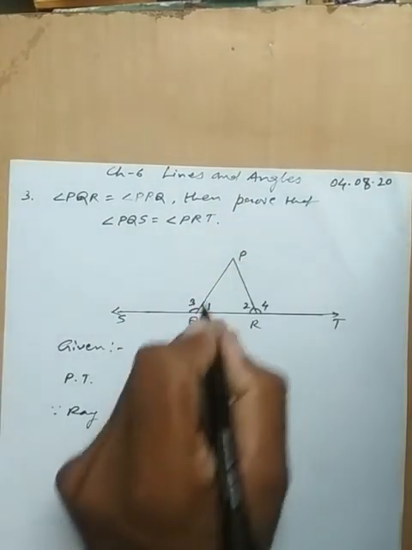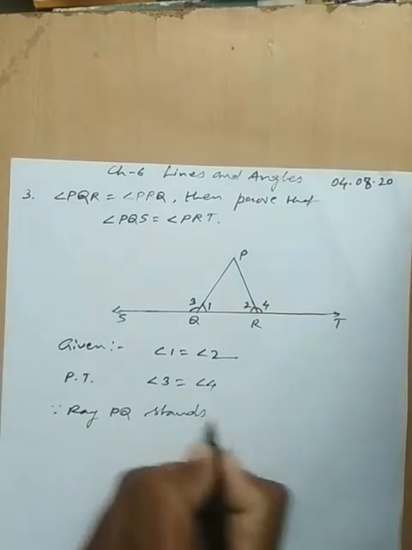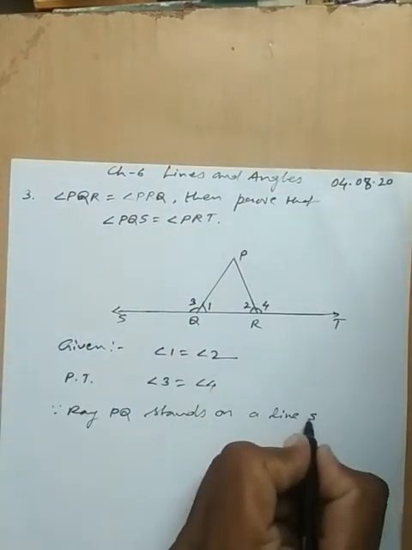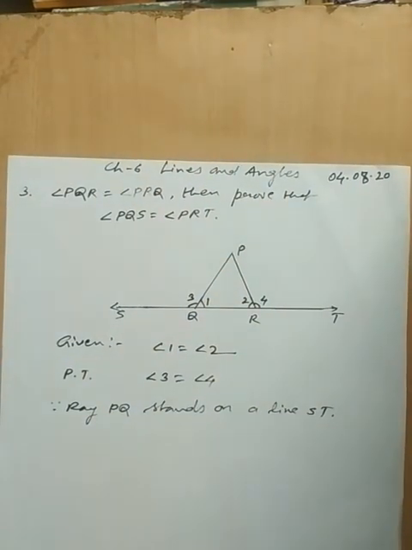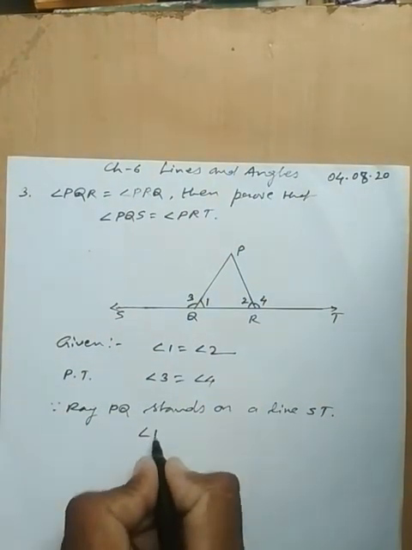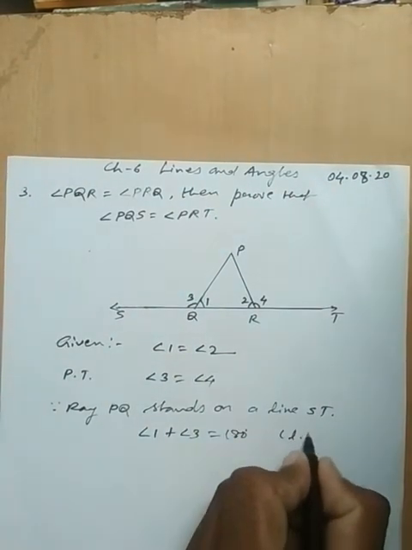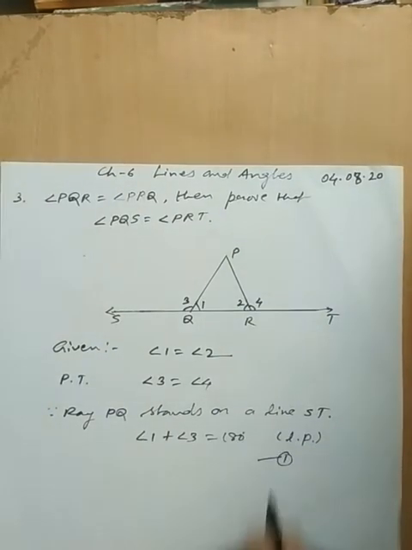Since ray PQ stands on line ST, angle 1 plus 3 is 180 degrees. Reason: linear pair. This is equation first.